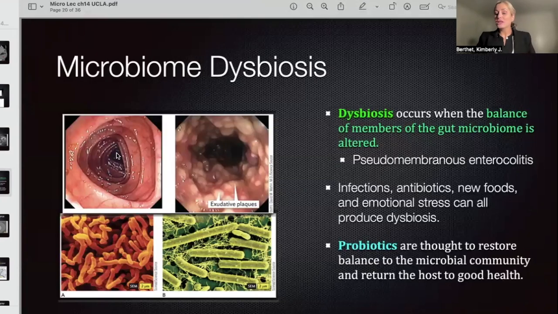Okay. Looking at dysbiosis, again, this is altering the balance between our microbiota. Just like we said, something like antibiotics can cause dysbiosis, so it changes the balance of our microbiota. We can take probiotics to help with any kind of dysbiosis here.